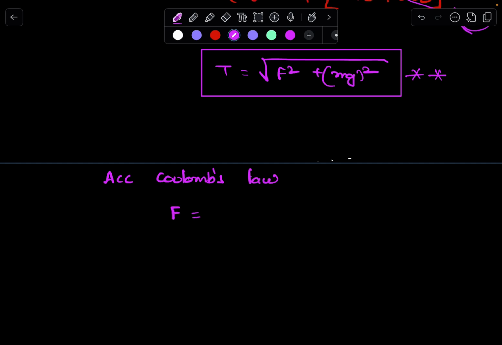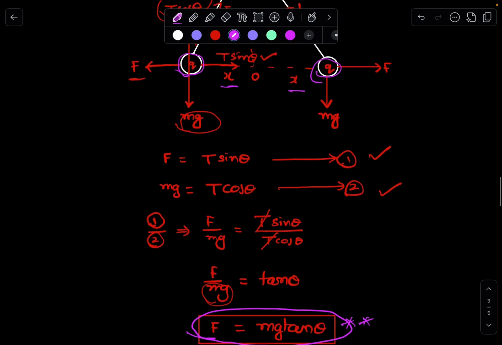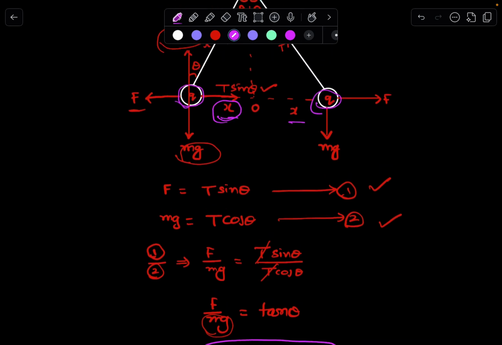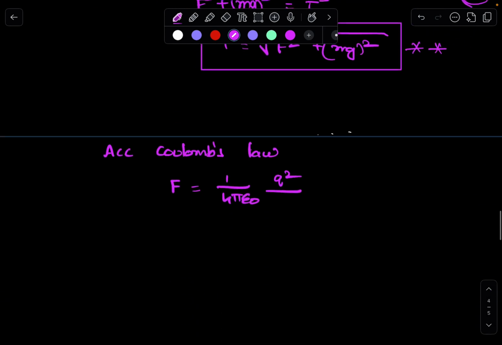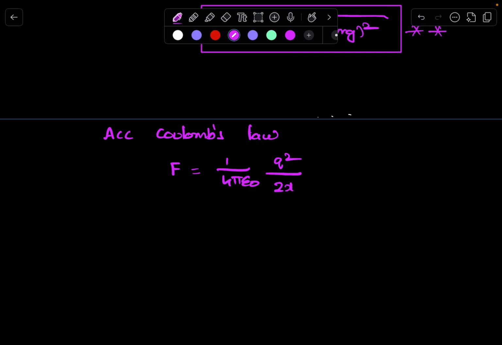F is equal to 1 by 4 pi epsilon naught into q squared by the distance of separation, which I told you already, x plus x, the total becomes 2x, whole squared. So we can write F is equal to 1 by 4 pi epsilon naught into q squared by 4x squared. This is the Coulombic force.